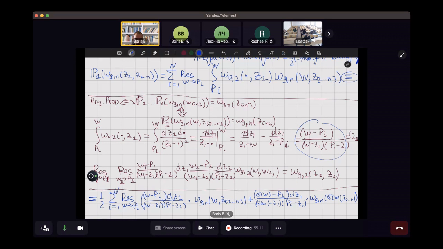Да. Значит, тогда запишем как сумму таких двух штук. А теперь запишем такое выражение, что омега Gn равняется 1/2 омега Gn плюс еще 1/2 омега Gn.